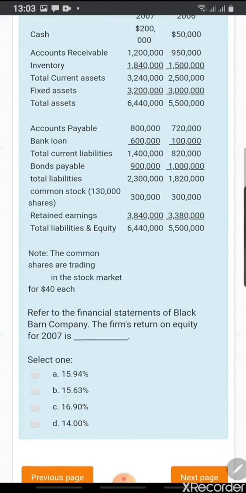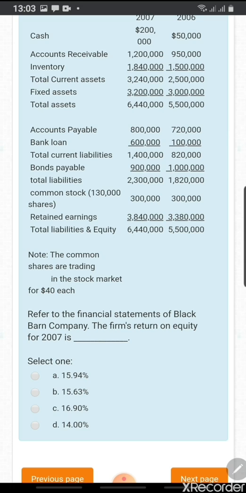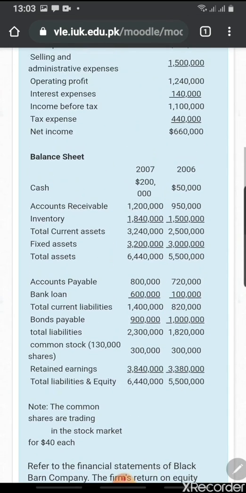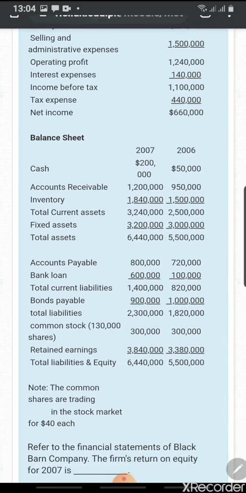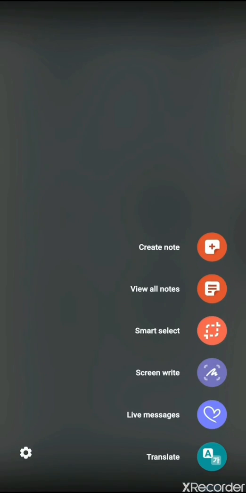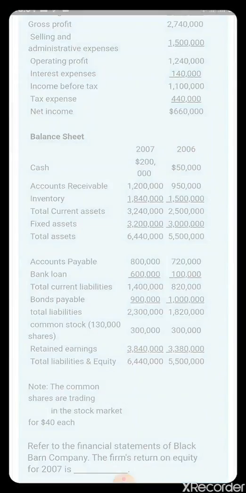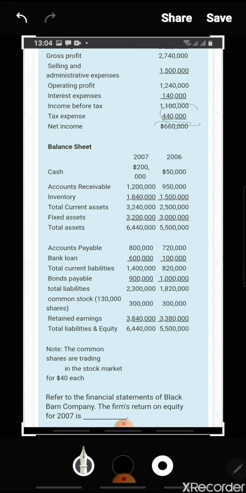Okay, so the next one you need to calculate the return on equity. Return on equity will be net income divided by common equity. So net income is 660,000 and divided by equity. The total of both of these are your equity. You're not supposed to take liabilities in it.